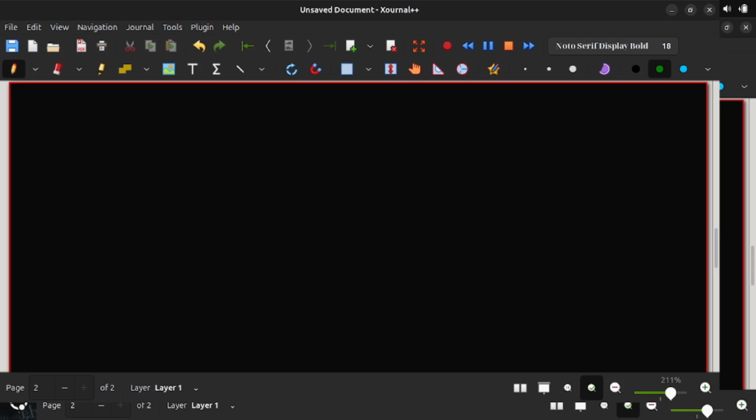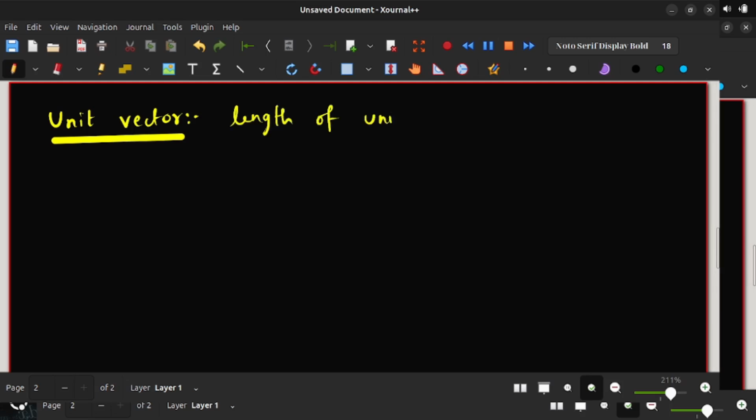What about the next one? The next one is called a unit vector. Okay. So a unit vector, by its name itself, the length of the unit vector is unity.